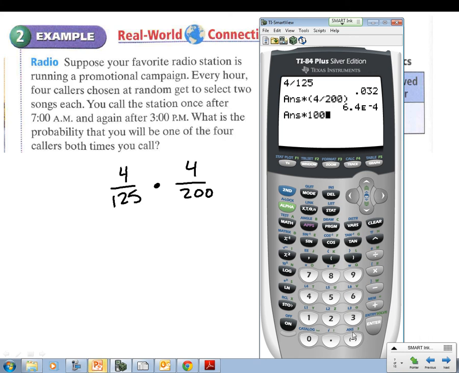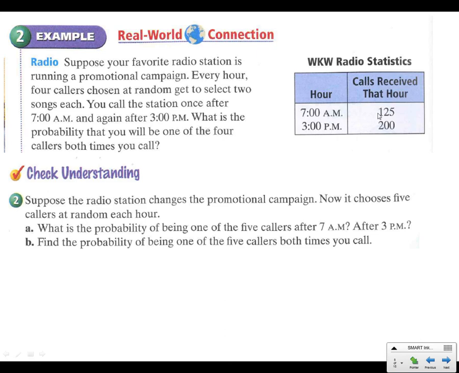Let's times it by 100 so we can get the percent. 0.064% chance that we're going to be selected both times. Okay, pretty unlikely we'll get selected for 7 o'clock, and there's that keyword and, so we're multiplying, and for the 3 o'clock hour. All right, with those numbers there, see if you can answer 2A and B.